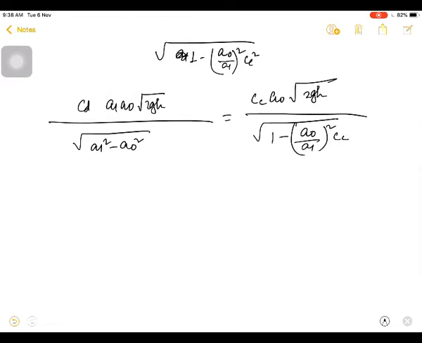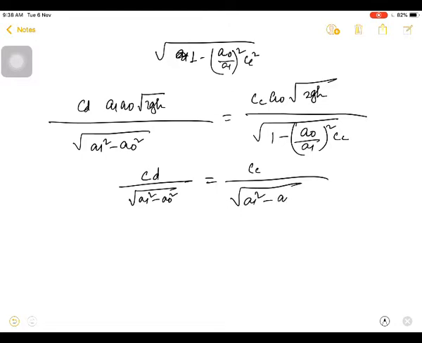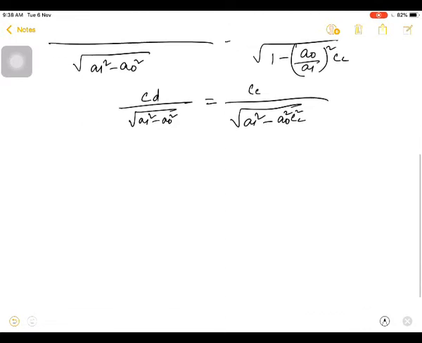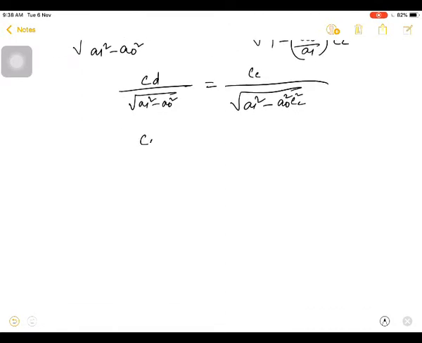So from this we can write CD by root of A1 square minus A0 square equal to CC by root of A1 square minus A0 square CC square.